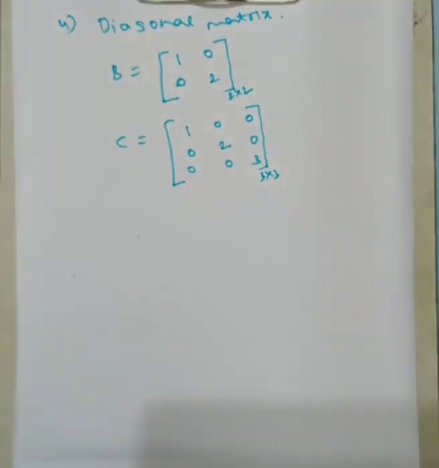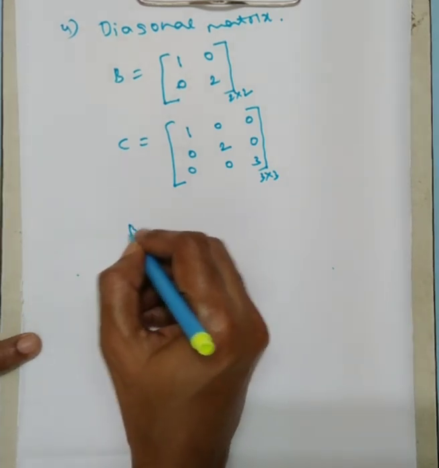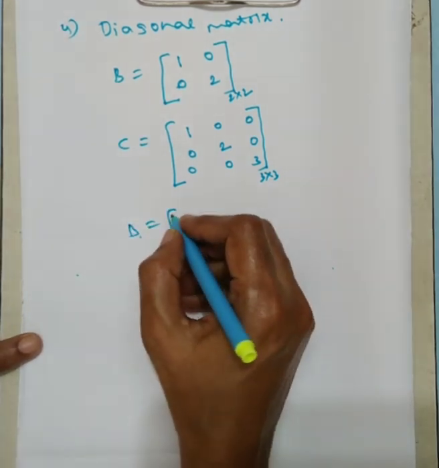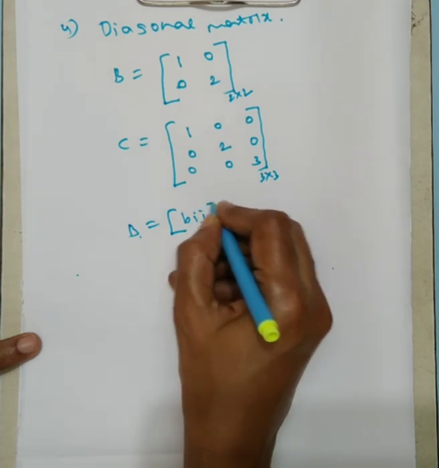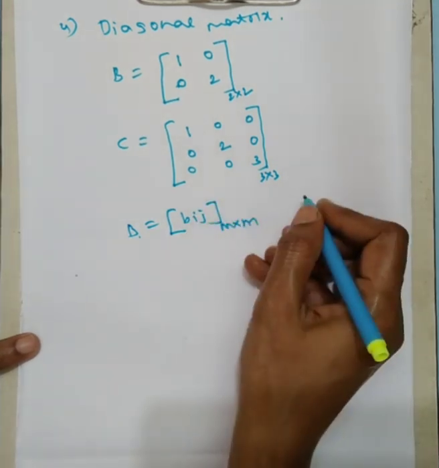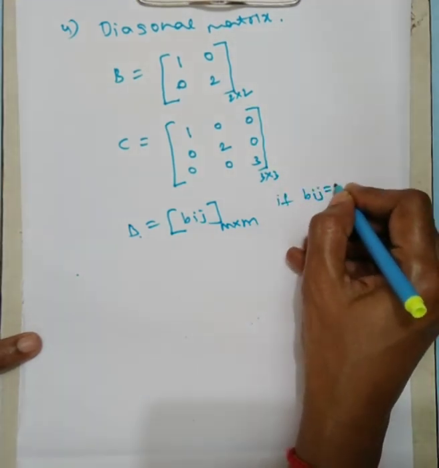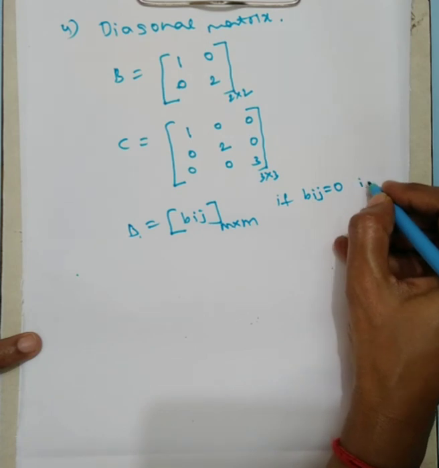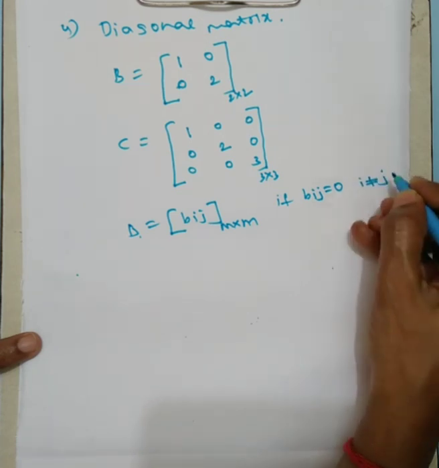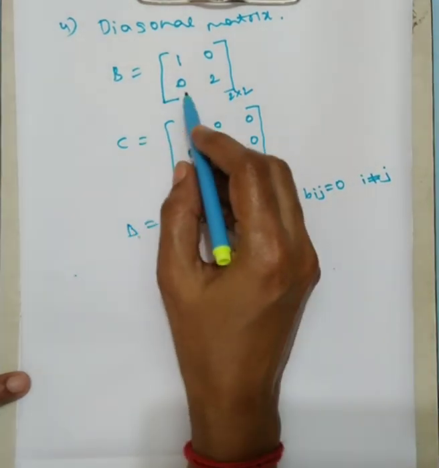Now in general we can write the diagonal matrix as B equal to Bij, m by m, is said to be a diagonal matrix if Bij is equal to 0 when i is not equal to j. What does i not equal to j mean?